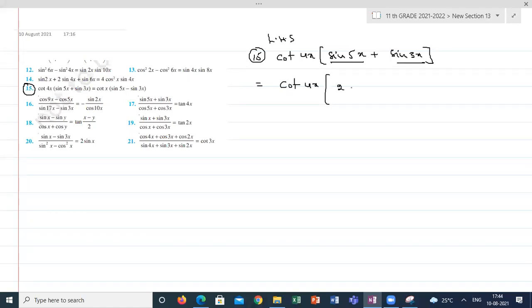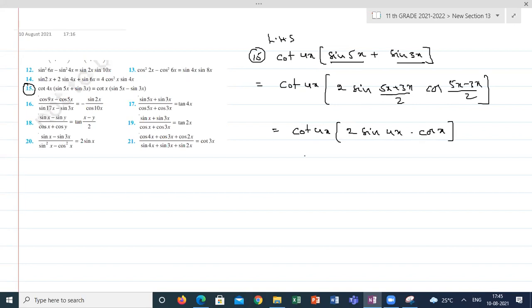I'm keeping cot 4x as cot 4x. The sin c plus sin d formula is 2 sin of (5x plus 3x) by 2 cos of (5x minus 3x) by 2. This will be cot 4x times 2 sin 4x cos x. But what I want on the right hand side is sin 5x minus sin 3x into cot x, so I'm leaving it like this.